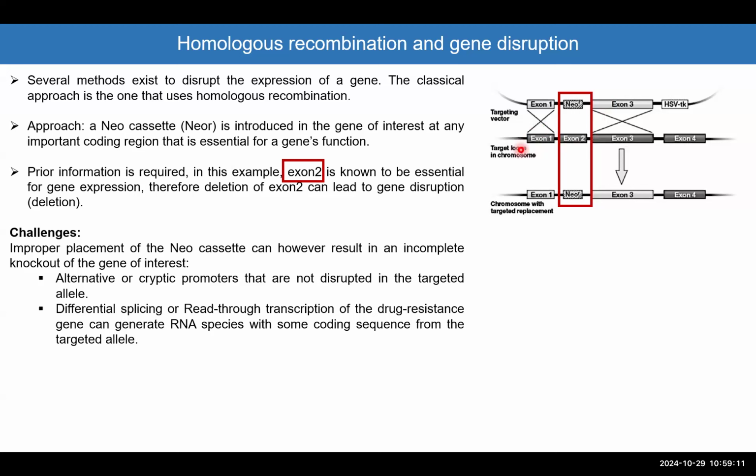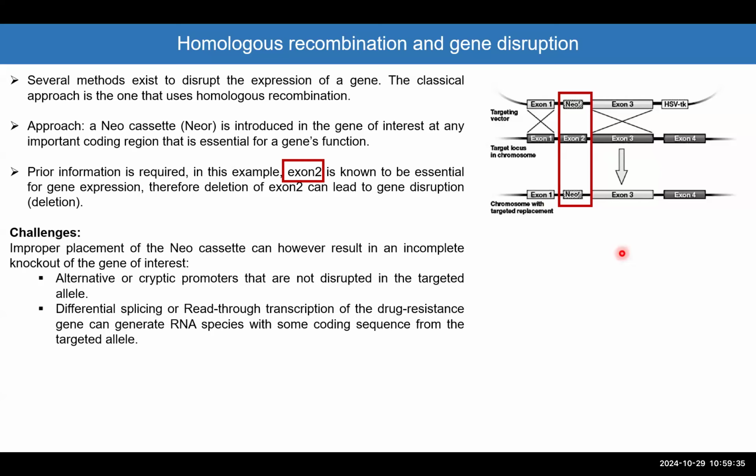You have to have the homology arms, which are represented here as exon 1 and 3. And the exon you want to replace is number 2, and you replace it with a neo cassette. And this way, you end up having a destabilized gene where there's a separation between exon 1 and exon 3, and therefore the gene is going to lose its function.